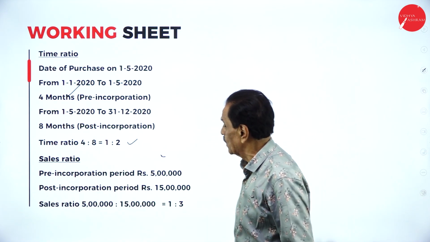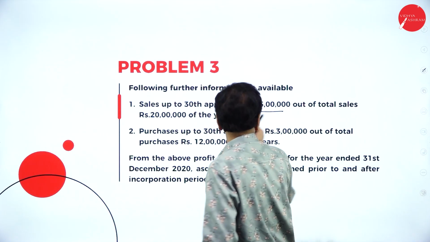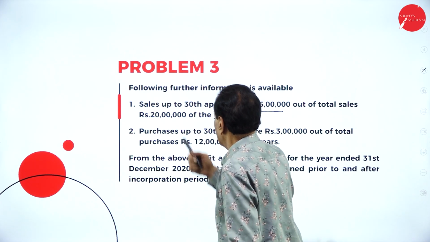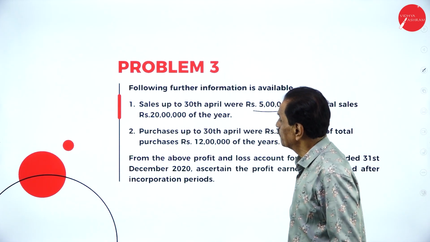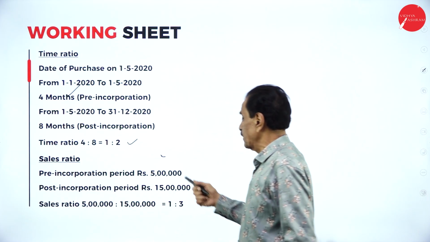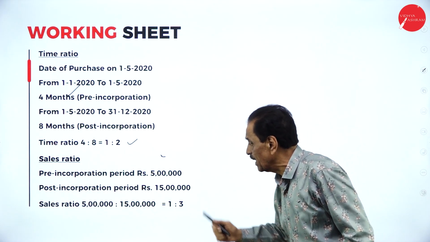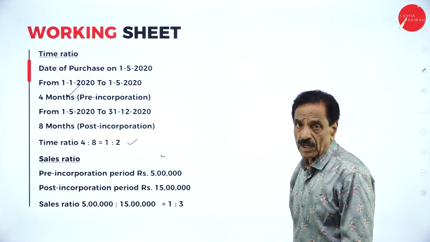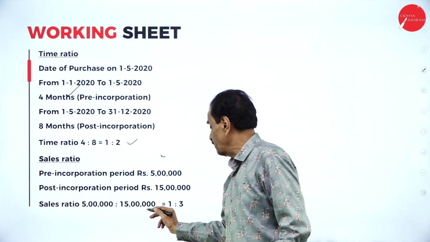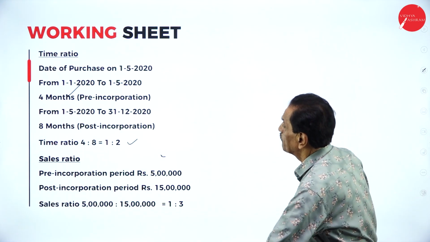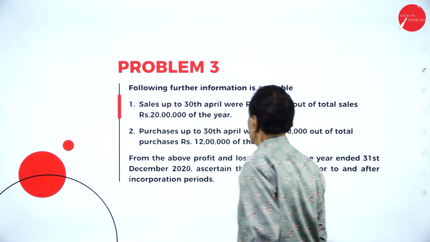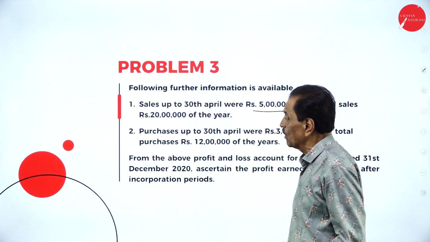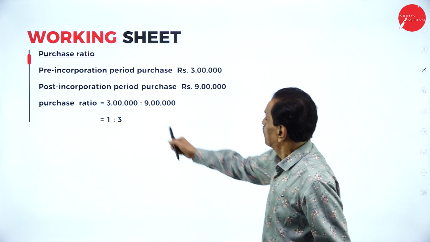Come back to sales ratio. Sales before incorporation is 5 lakh, at the end it is 20 lakh. First pre-incorporation 5 lakh, the balance is 15 lakh, the difference is 15. So the ratio is 5 lakh to 15 lakh, 1:3. Then discount received is based on the purchase ratio.